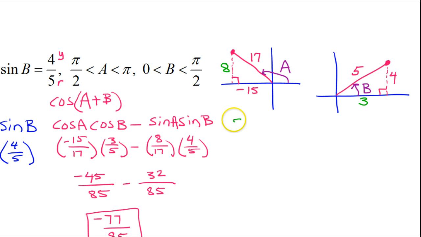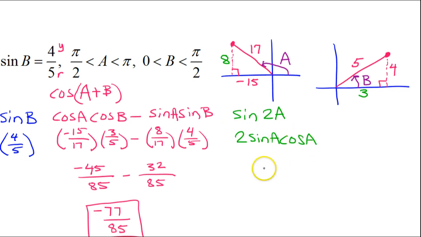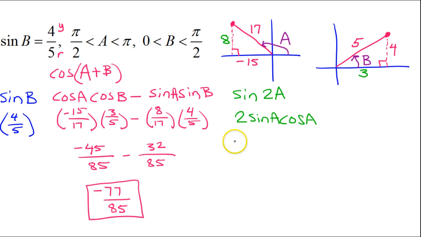Okay, so let's go. Let's find the sine of 2A. Now, according to the formula, this should be 2 sine A cosine A. Alright, that's just one of the formulas that we're supposed to memorize. So here we go. So I have the 2, and I have sine A, that was 8 over 17.